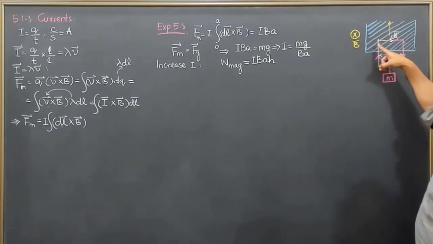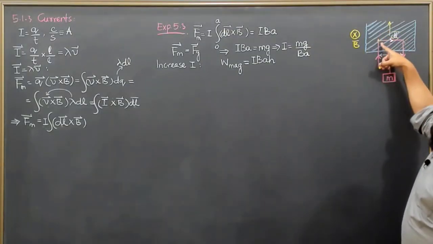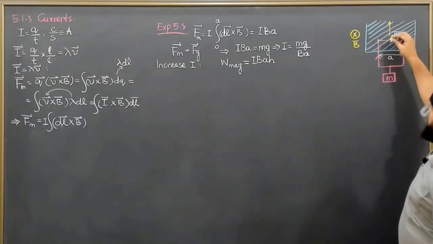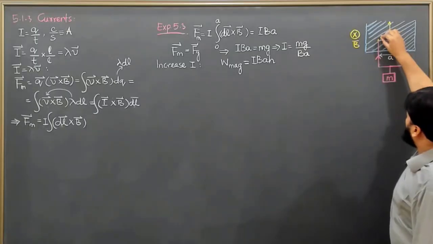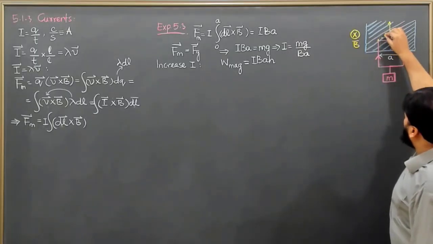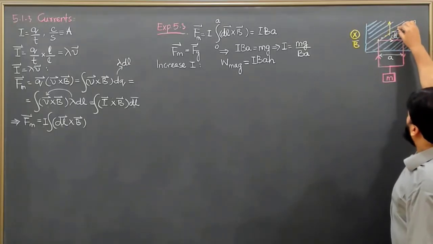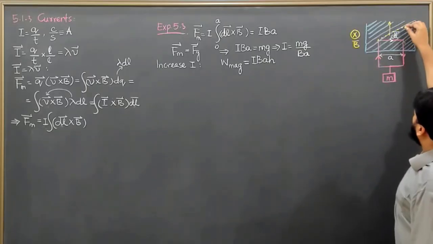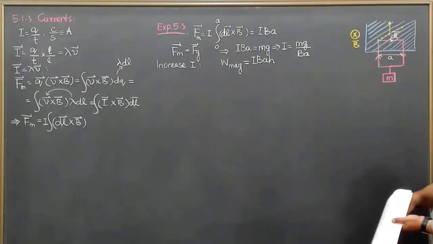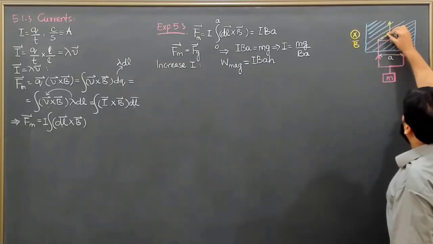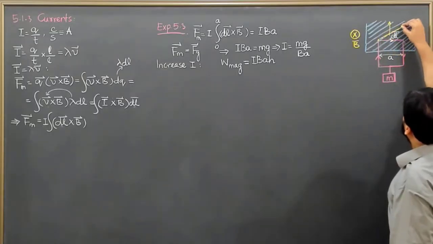Like the particle at an instant is here and it is moving in this direction, but when it is lifted up, the direction of the particle motion will be something like this. Here you see that this is the actual path of the particle.